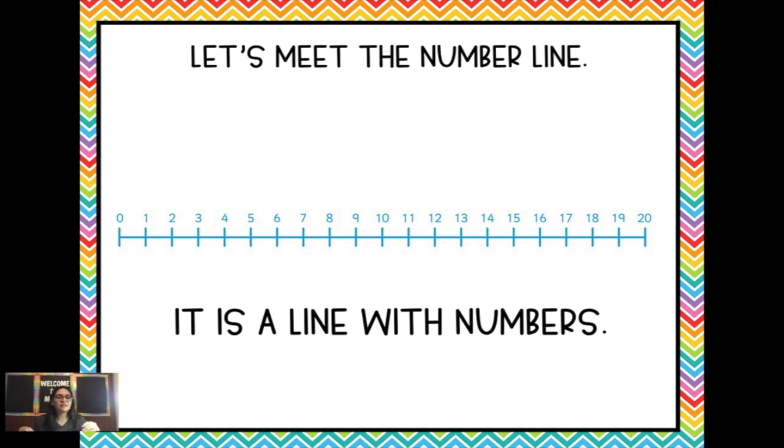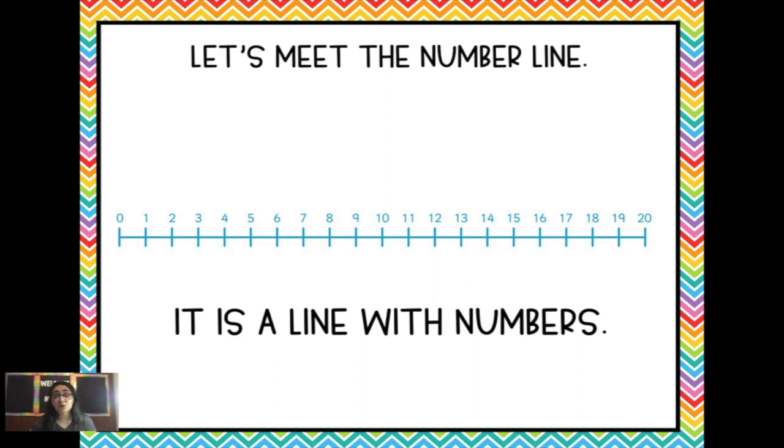You can find different number lines from 0 to 10, from 0 to 100, to 0 to 20, okay? There are many number lines, but right now this one is from 0 to 20. And we will be using from 0 to 10 and from 0 to 20. Really simple, the number line, a line with numbers.